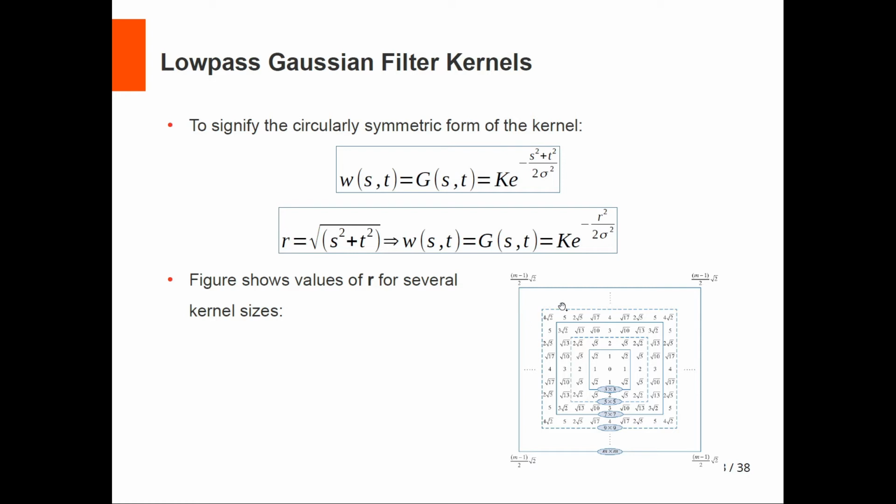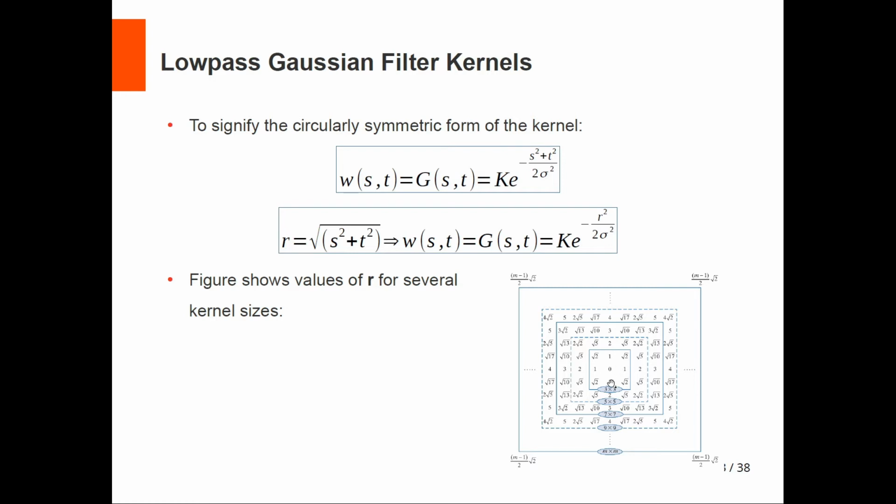So this simple figure shows values of the radius from the center that we can use for defining different Gaussian kernels. So for example, if we want to define a Gaussian kernel of size 3 by 3 for the pixel at the center, the value for r will be 0.